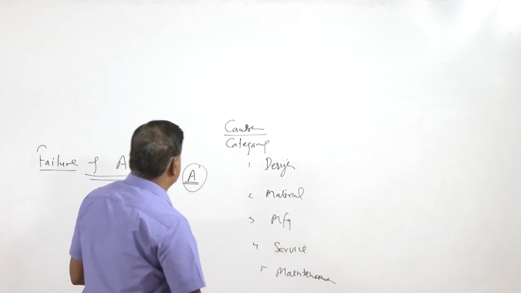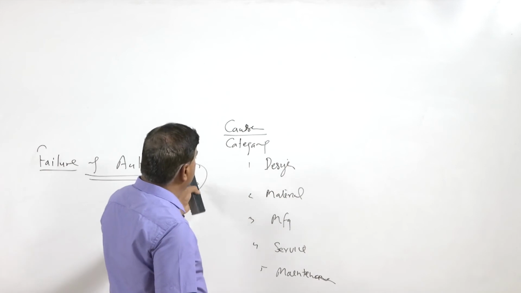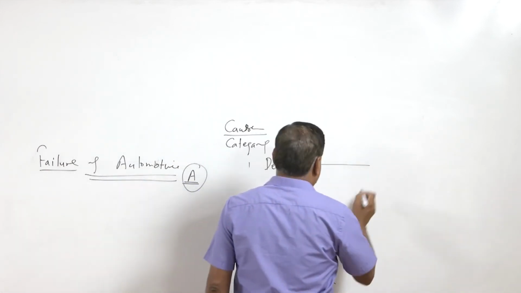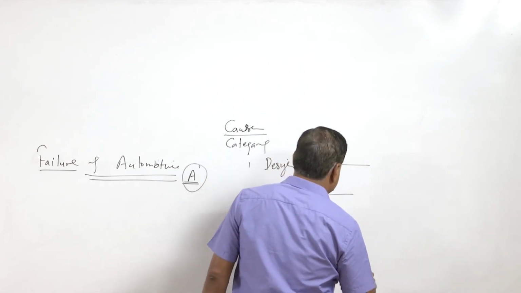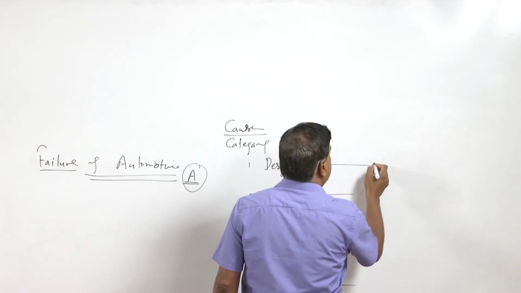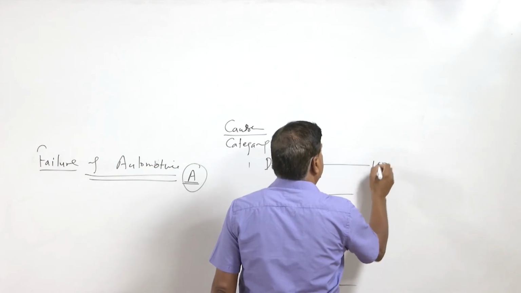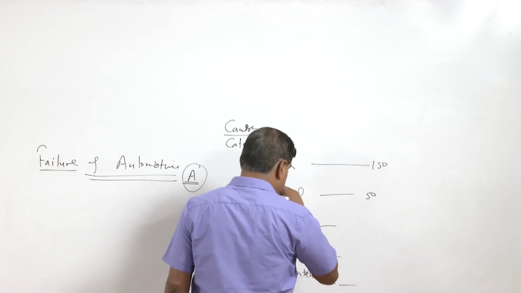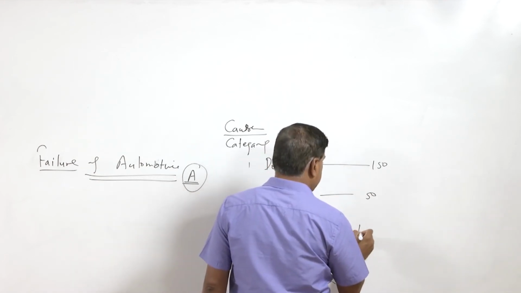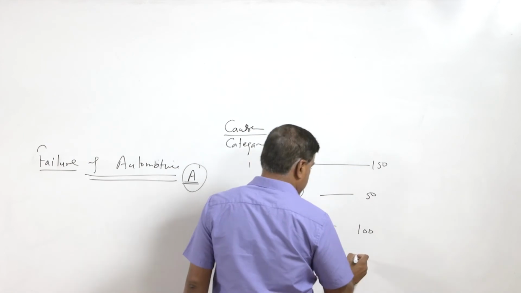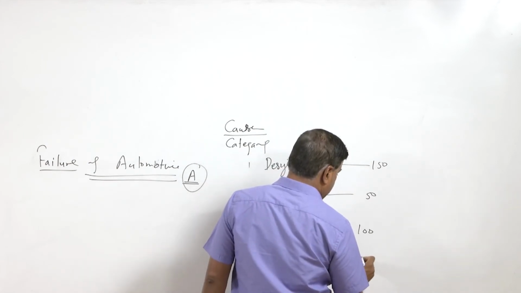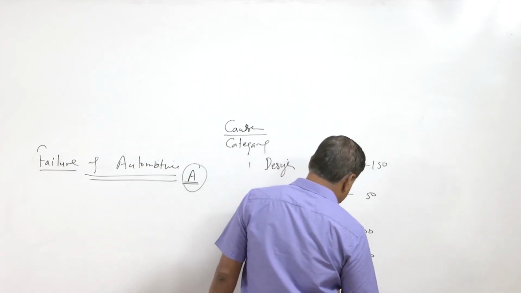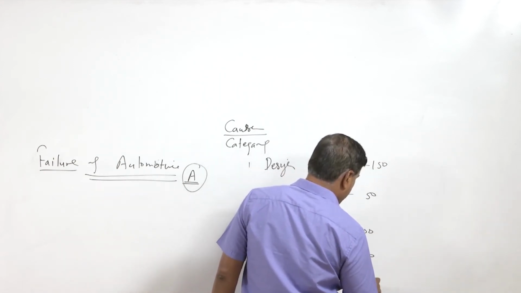From the data which was collected, it was analyzed that the failure of A was occurring with a particular frequency. Say failure of the material was responsible for 150, manufacturing was 100, service was 250, and maintenance was 400.